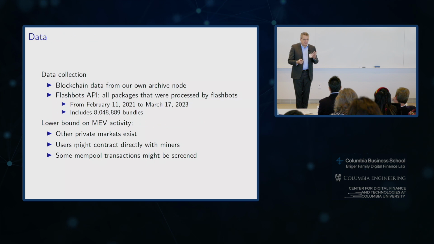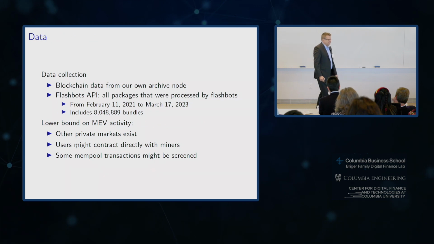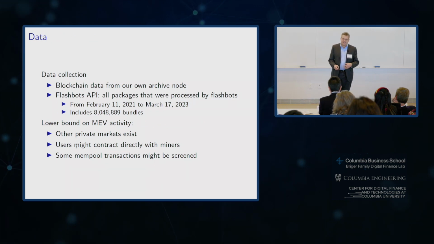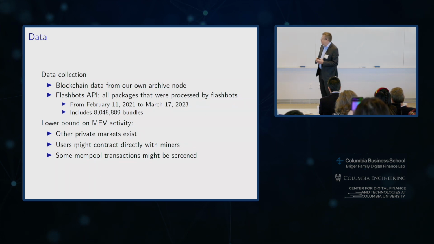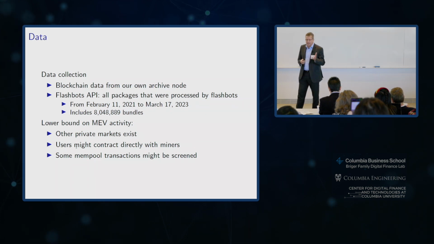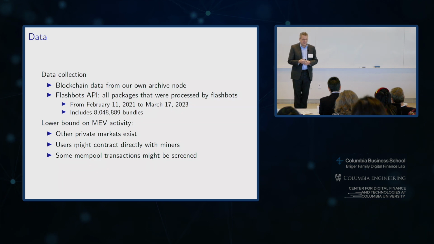So we do have a little empirical part that I'm still working on a lot. This is very early stage. We have blockchain data from our own archive node and downloaded some data from the Flashbots interface. We have data about 8 million bundles that were submitted. This is certainly a lower bound on MEV activity.